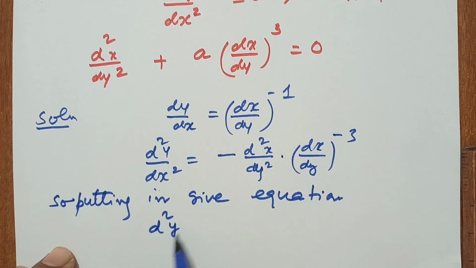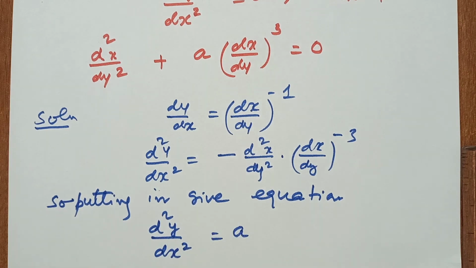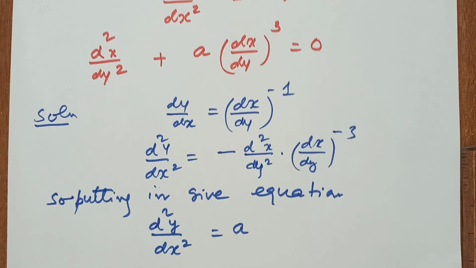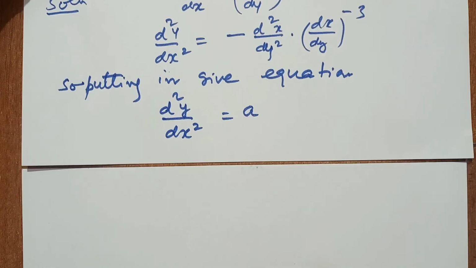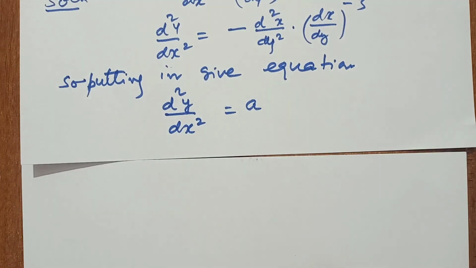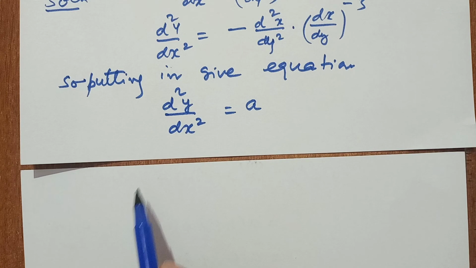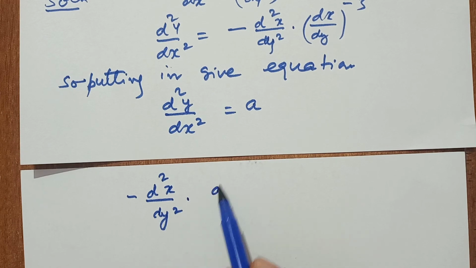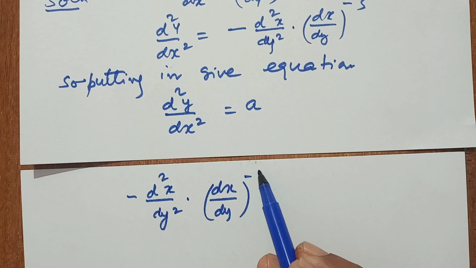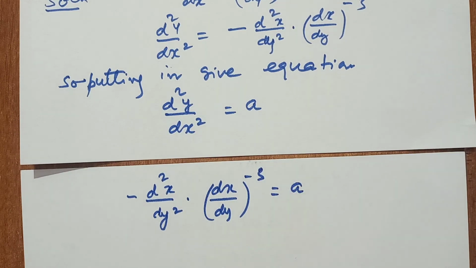In place of d2y upon dx2 we put its value, so minus d2x upon dy2 into (dx upon dy) to the power minus 3 is equal to a.